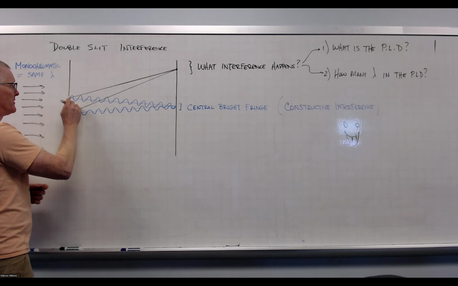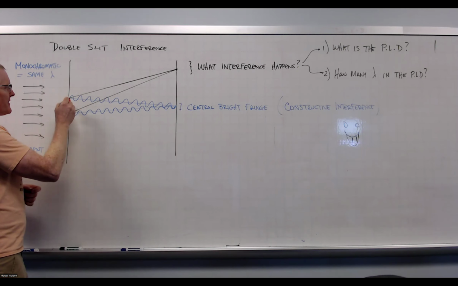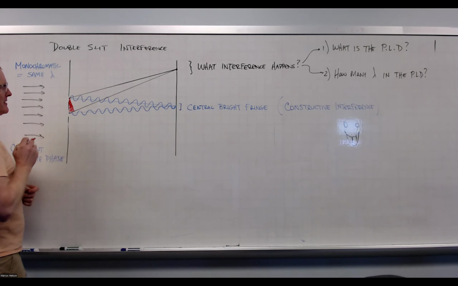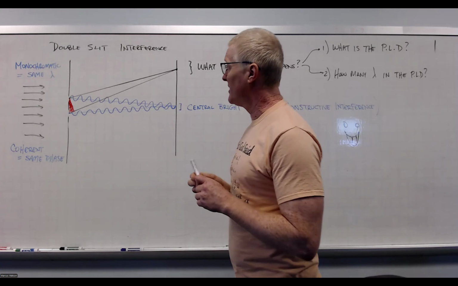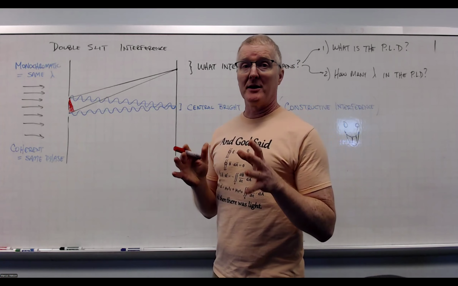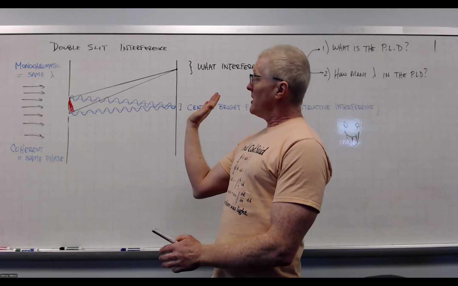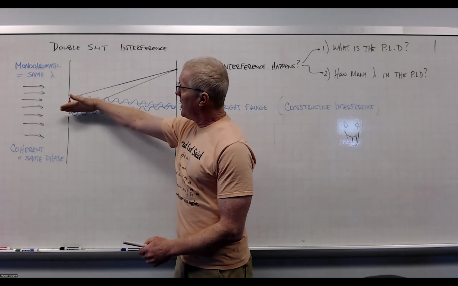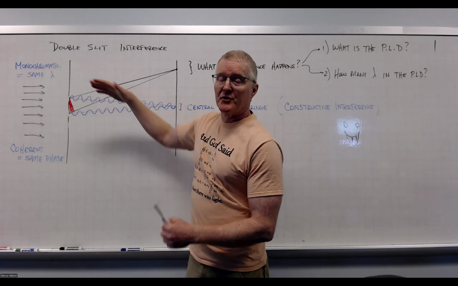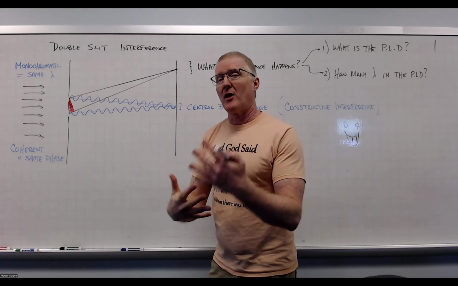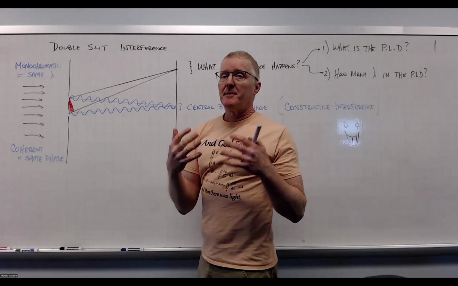So in order to find the path length difference, I want to look at this triangle right here. I know it's really small, as you see on the screen, but that triangle is the key triangle. I'm going to say that the rays are away from the central maximum by some angle. This is where the approximation of the long distance to the screen comes in, and the approximation of small angles.